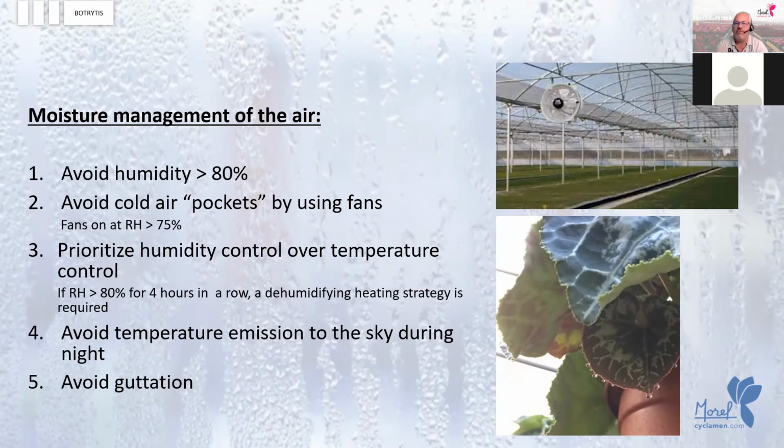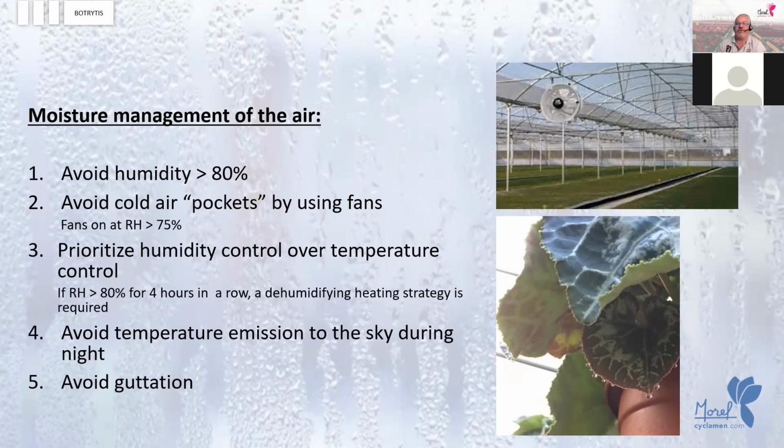So my golden rule of thumb is that if the air humidity starts to go above 80%, you should actively start dehumidification. And this would be done regardless of the temperature in the greenhouse, because the humidity would only give the possibility for the botrytis fungus to grow. It's more important to control the humidity than to control the temperature at that given point.